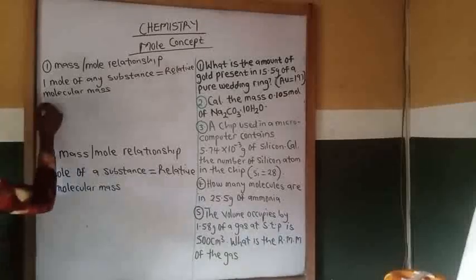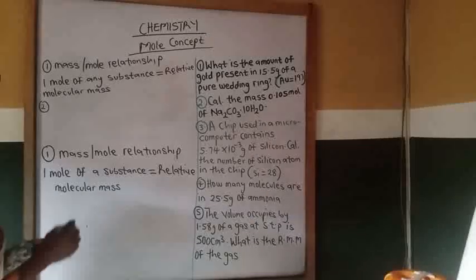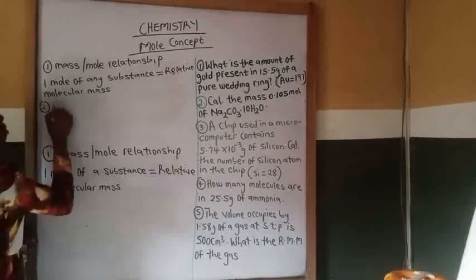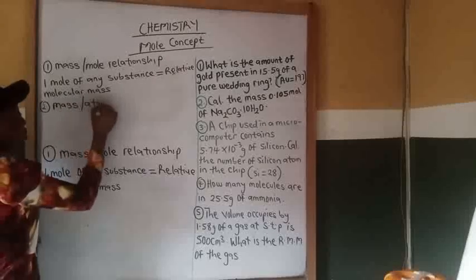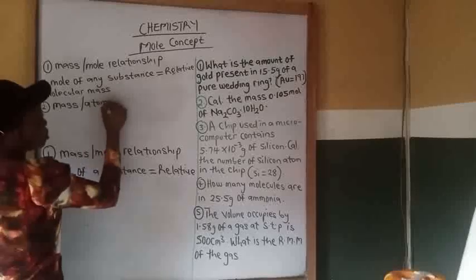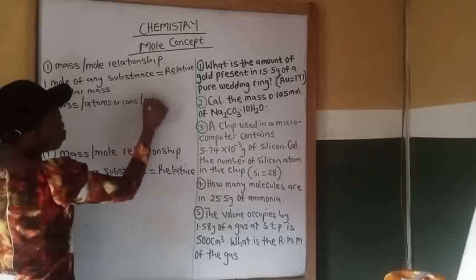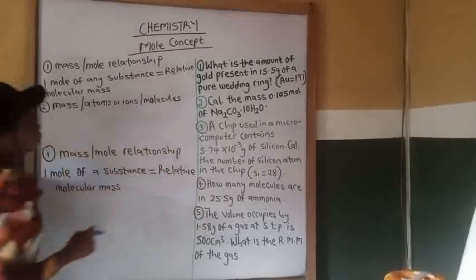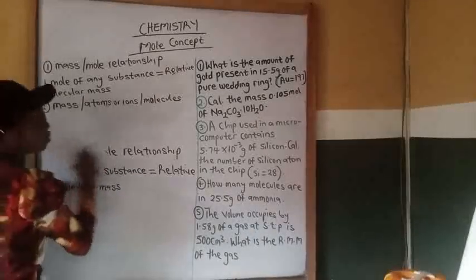Then the second tip is talking about 1 mole of an atom. I will call the second tip the mass and atoms or ions or molecule relationship.